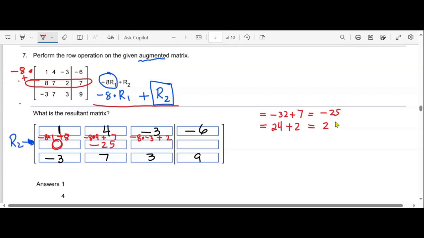That gives you how much, ya Muhammad? 24 plus 2 equals 26. Last part, -8 times -6 will give us 48. Plus 7, that gives you 55.